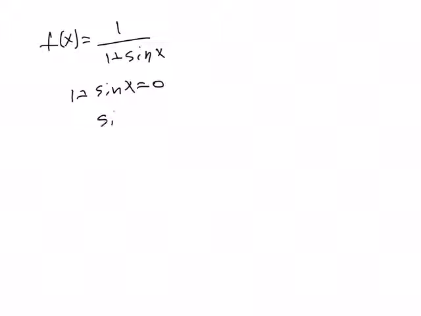So our function for this problem is f of x equals 1 over 1 plus sine x. This function behaves pretty normally everywhere except when 1 plus sine x equals 0, because you can't divide by a 0, or in other words, when sine of x is equal to negative 1.